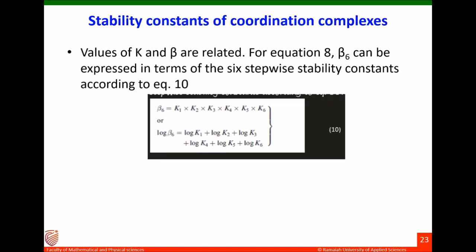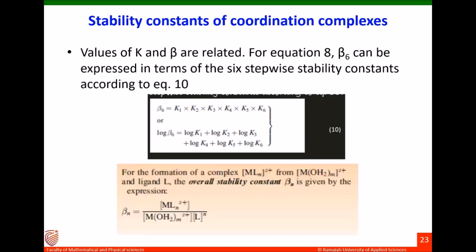So the stepwise equilibrium constants and the overall stability constant are related. Concluding this section, the overall stability constant beta n can be written as the final product concentration divided by the initial reactant concentration into the ligand concentration raised to n. Here n means how many steps the reaction happens in.